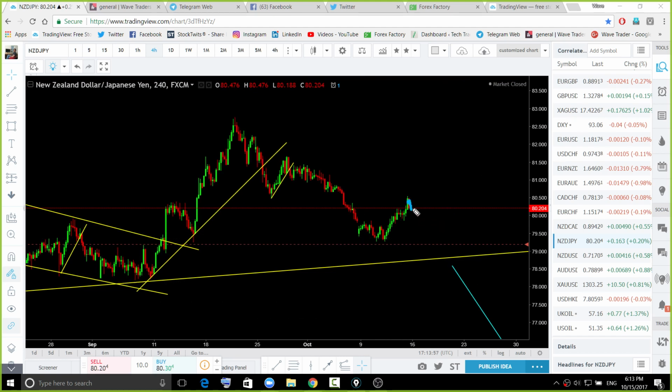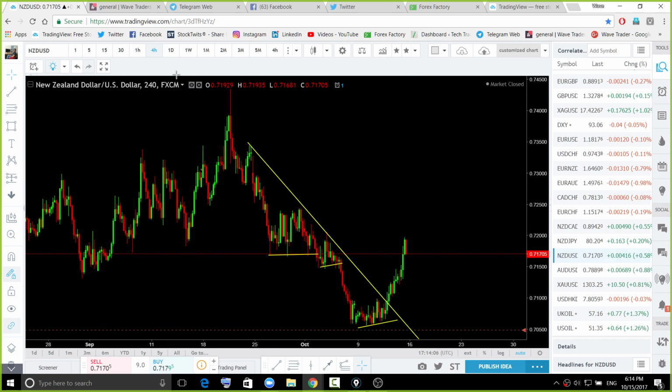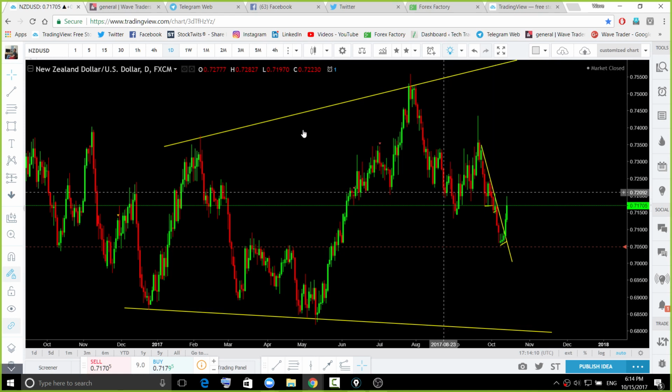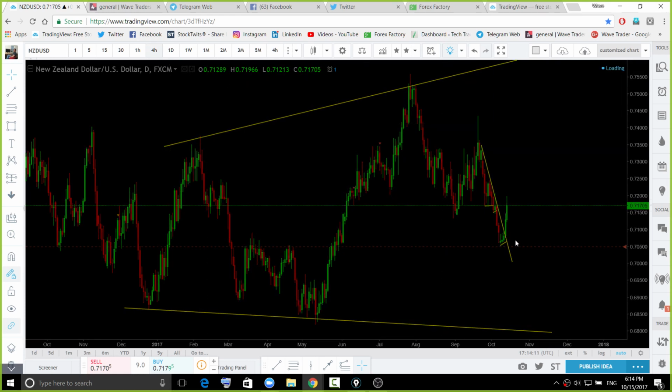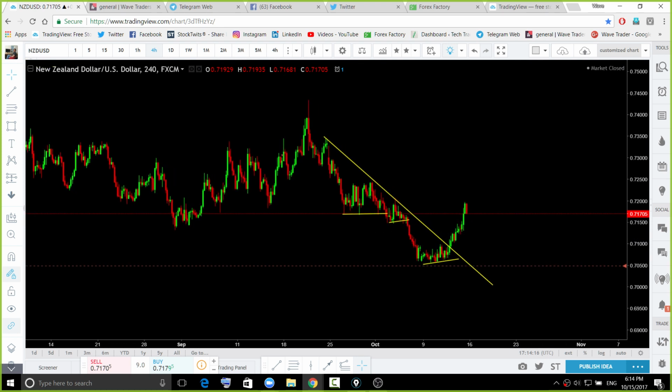Okay, continuation formation, another up leg, not a big move, on the New Zealand yen, New Zealand dollar and US dollar. Search for the upside. It seems to me that New Zealand is going to get strength.